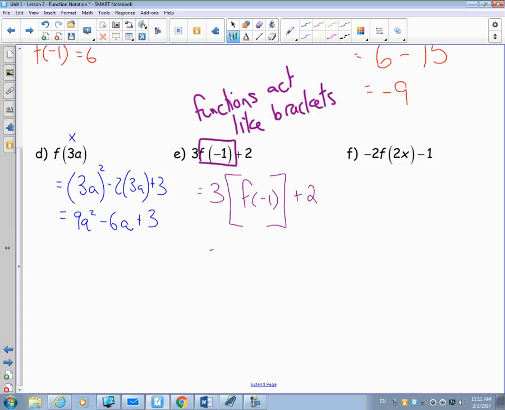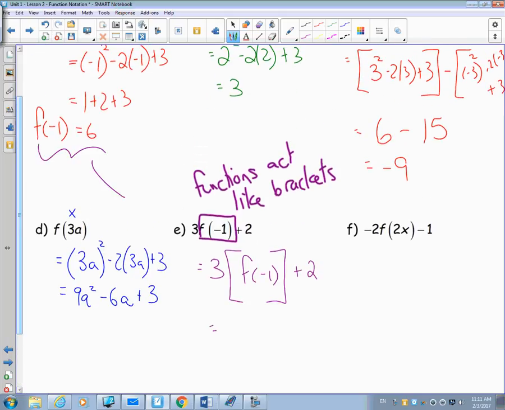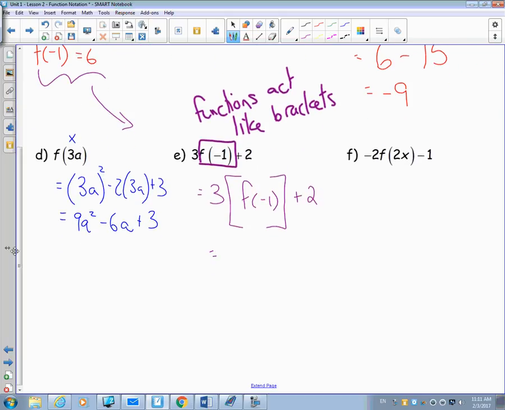So if I know what f at negative 1 is, which I think we figured out back here in part A, right? Here's part A, it's the same number. I know that f at negative 1 is actually the number 6. So really it's 3 times 6 plus 2, or in other words, 20. And we can do operations with functions, but a function itself acts like a big square bracket, kind of like we did when we subtracted in letter C.